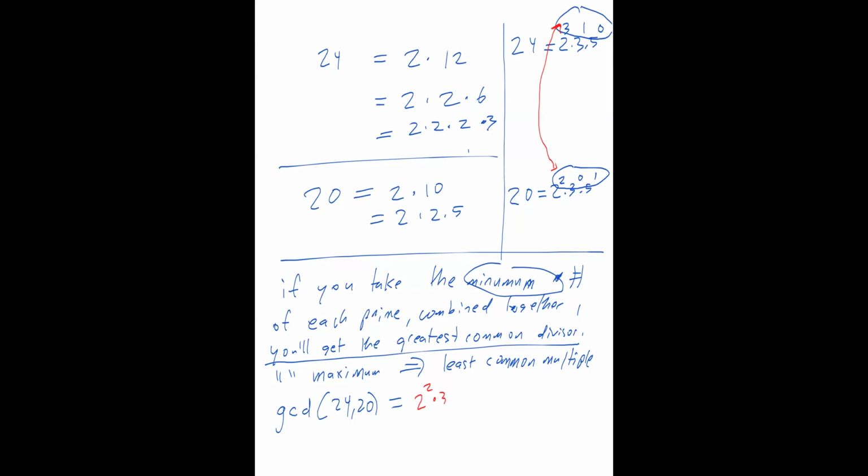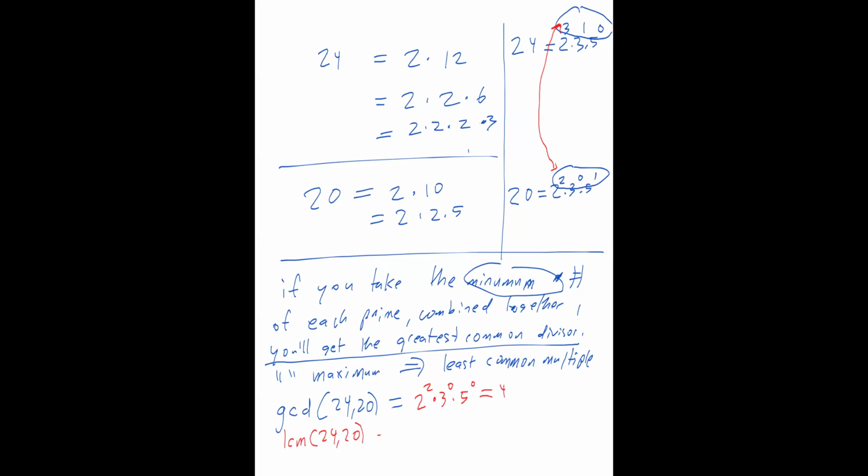Which is smaller, 1 or 0? 0. And look at the 5, which is smaller, 1 or 0? 0. So the GCD of 24 and 20 would be 2 to the 2, 3 to the 0, and 5 to the 0. What does that make? 4. Correct.